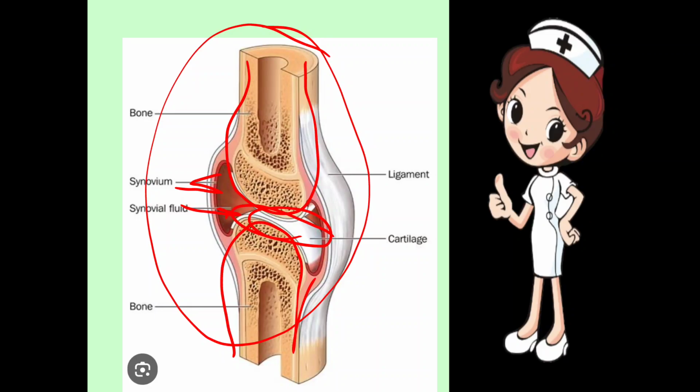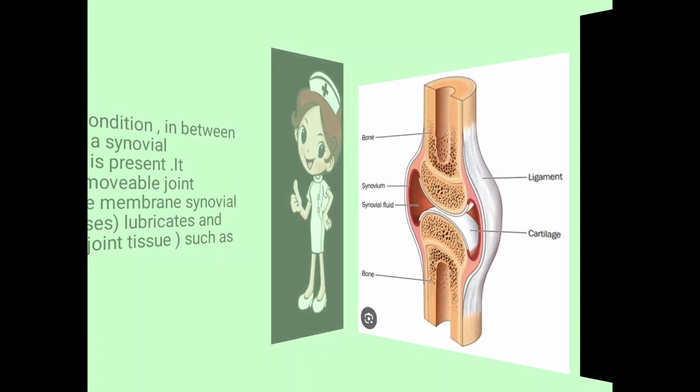It is just as important for iron things that we provide regular greasing to them. The joints are movable, so it is very important, and that grease is provided by the synovial membrane as well as the synovial fluid. The liquid is present in between the two bones so that no wear and tear takes place.